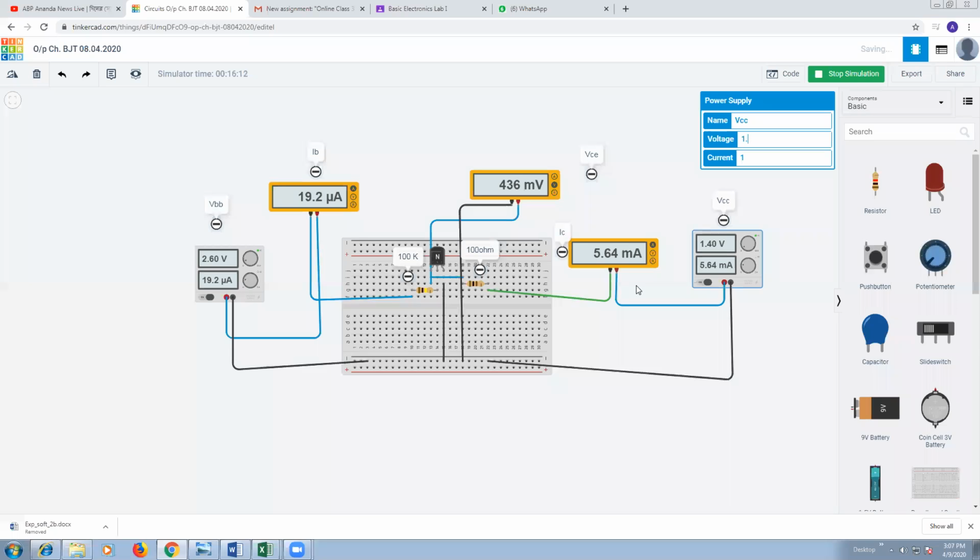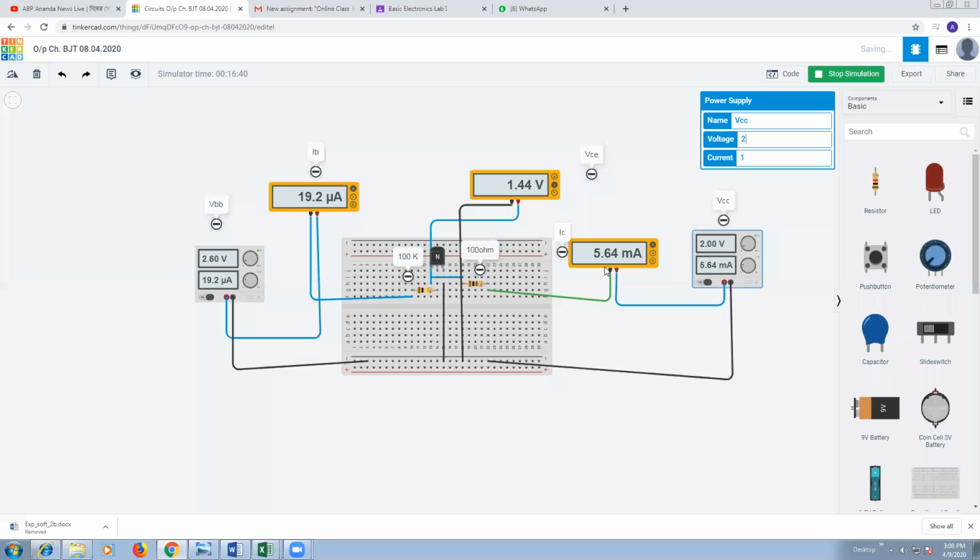Then I think we are getting the saturation here. At 5.64, it is already saturated. So by taking 3 or 4 saturating values, then stop this set of experiment.